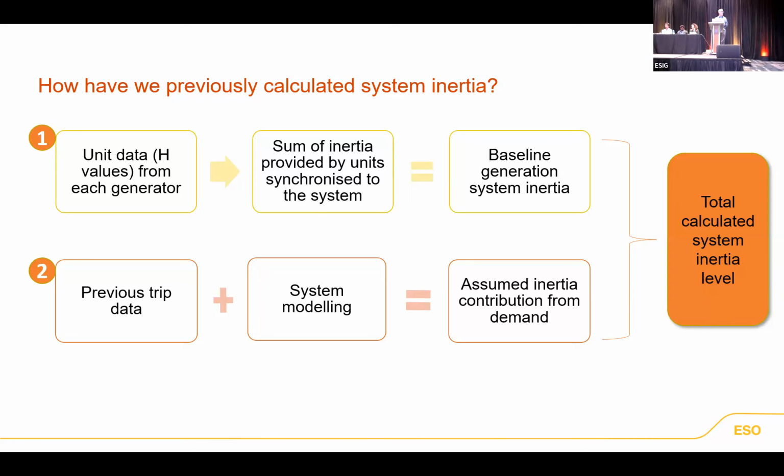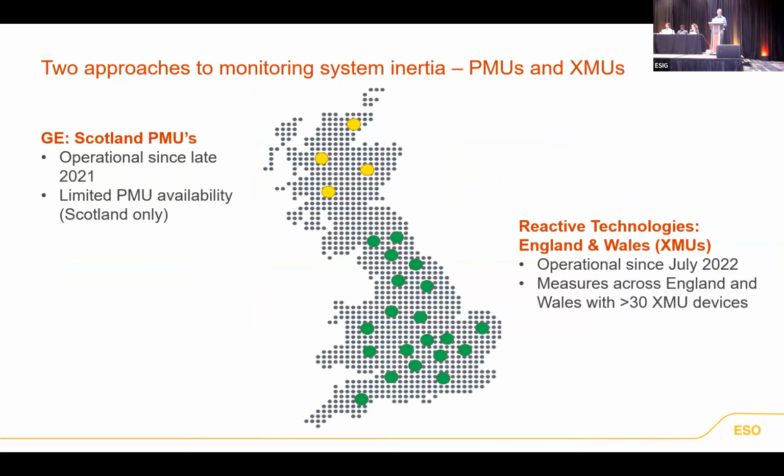Combining that with what happens in previous trips, so you can calibrate the whole thing. But again, was the trip at a low inertia period? Was it at a high inertia period? Therefore, the results can be a bit suspect. But it served us well because we had plenty of fat in the system. But as you erode all of that fat, you're getting closer and closer to that cliff edge. You need to do something different.